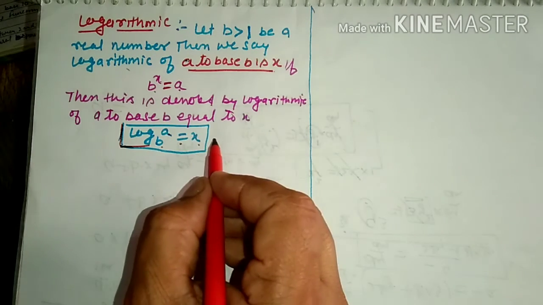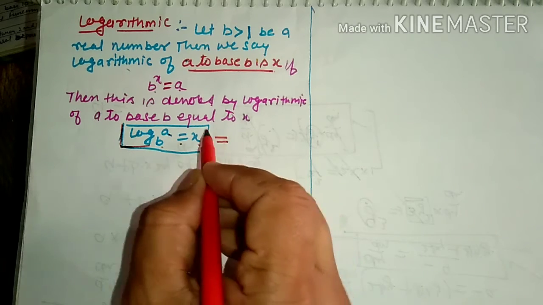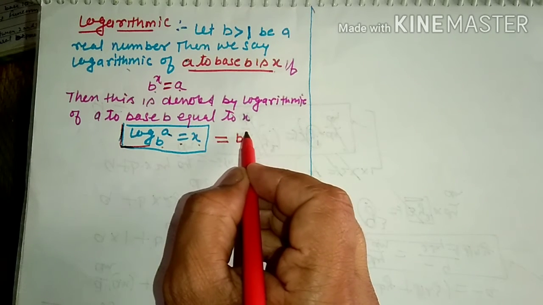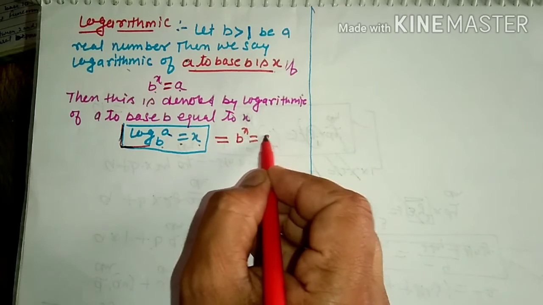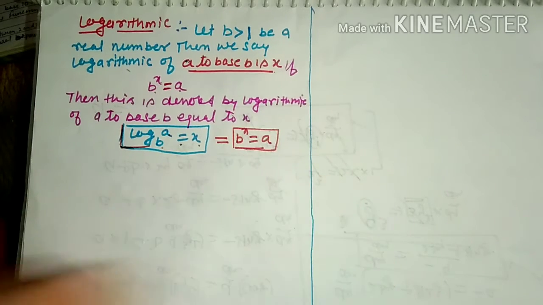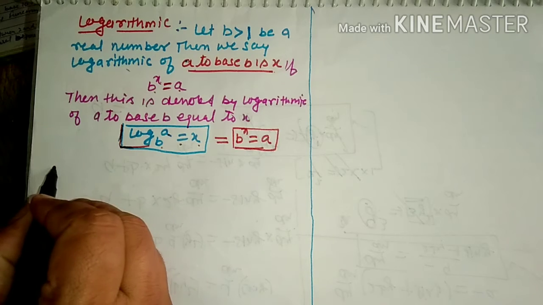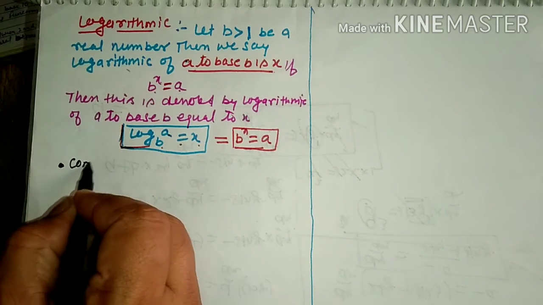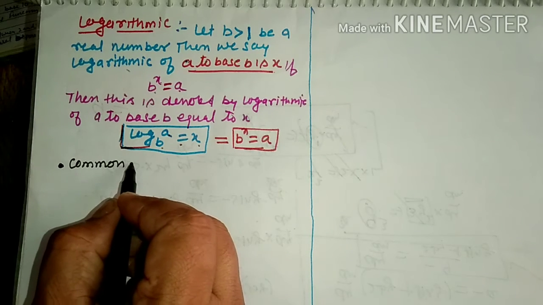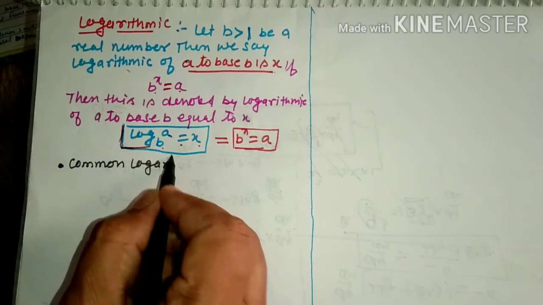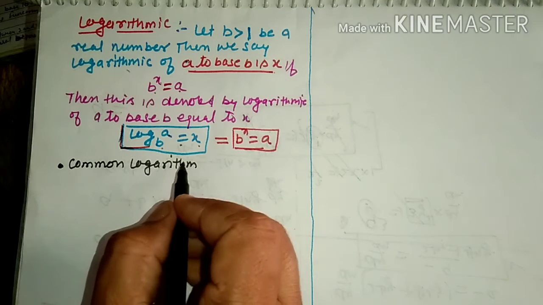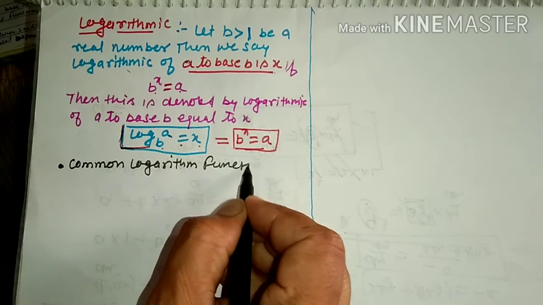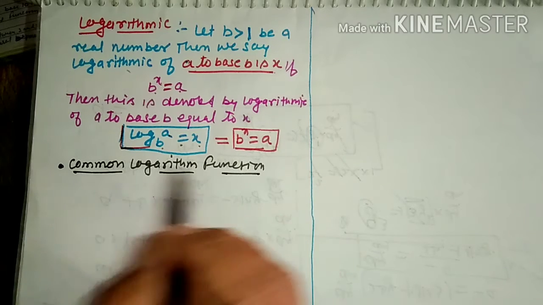So this can be written in terms of exponential: b to the power x is equal to a. Clear? Okay, again the logarithm is of two types. First, common logarithm function.